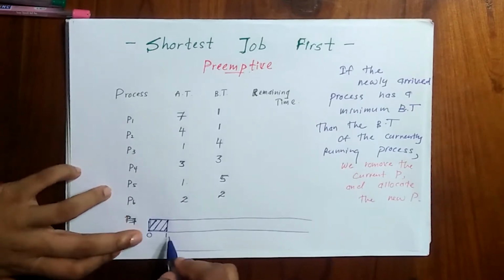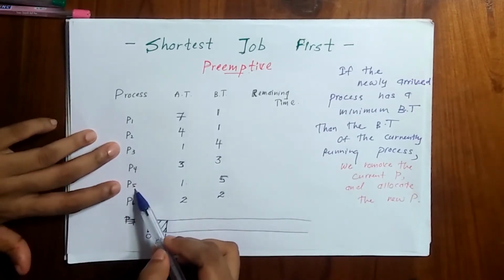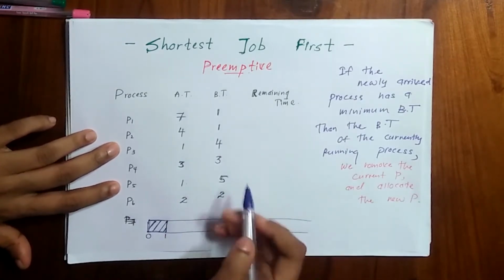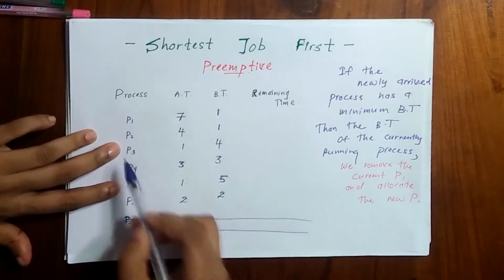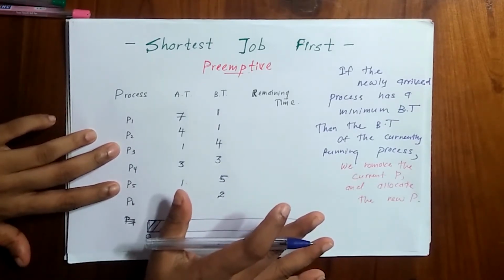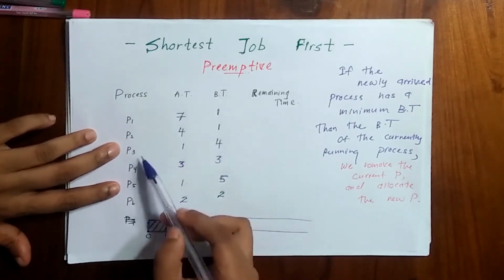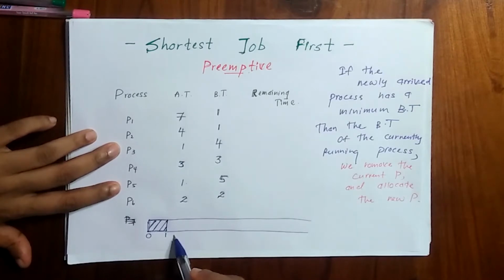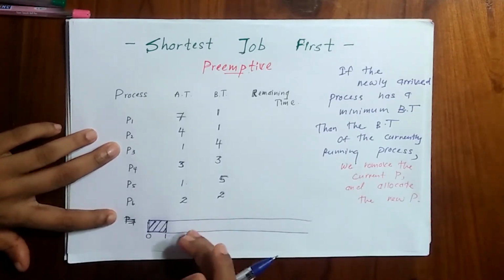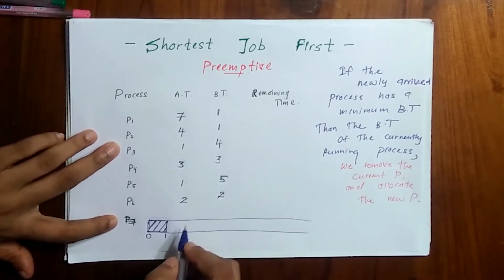Now from P3 and P5, which has the minimum burst time? It is P3. But here we cannot place P3 fully. We are going to place the process part by part, so let's do it one by one.